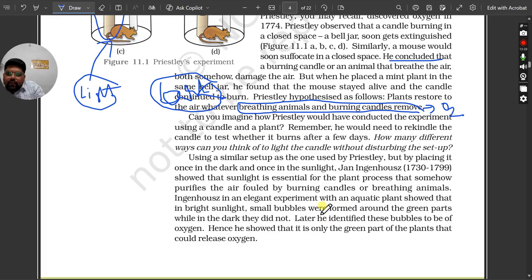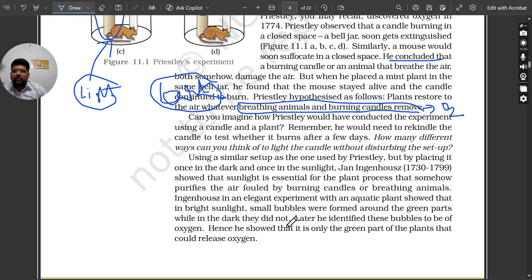In aquatic plants too, in the presence of sunlight, small bubbles formed around the green parts of the plant, while in the dark they did not. Aquatic plants are plants which can grow inside water. He took a beaker with water and an aquatic plant.